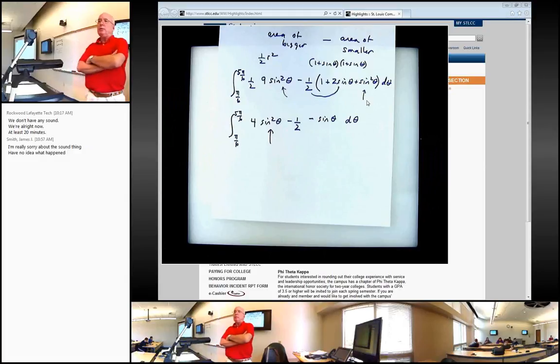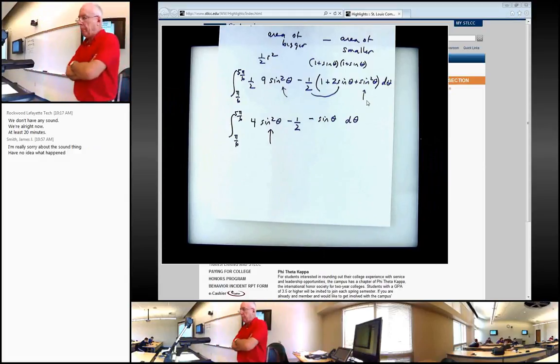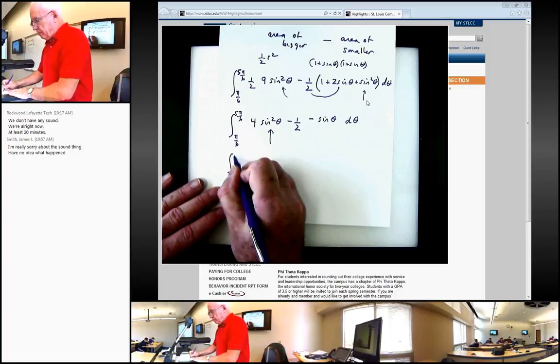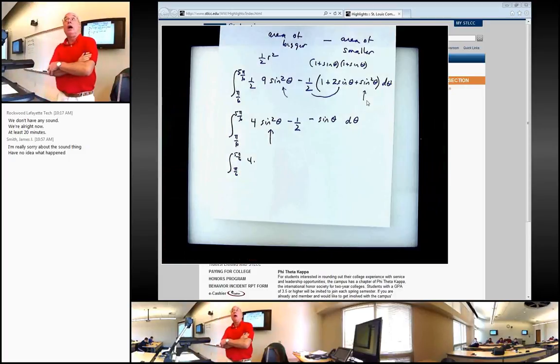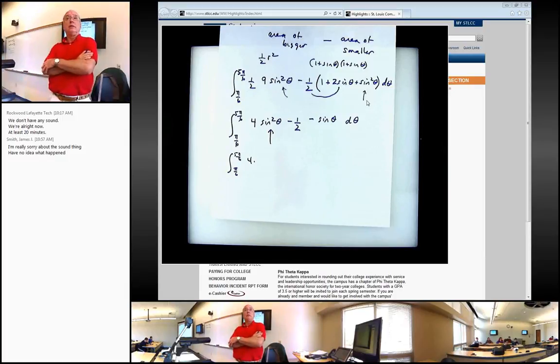Now, what can I replace that by? That's one of those squares. What's the sine squared of theta? No, that's replacing a square with a square. We want to get rid of the squares.